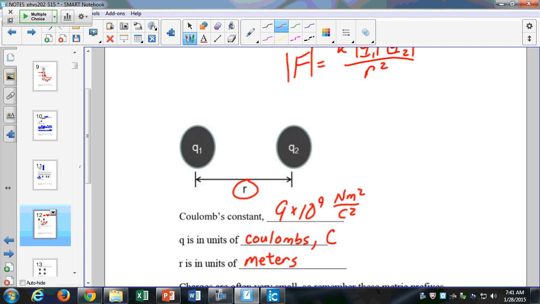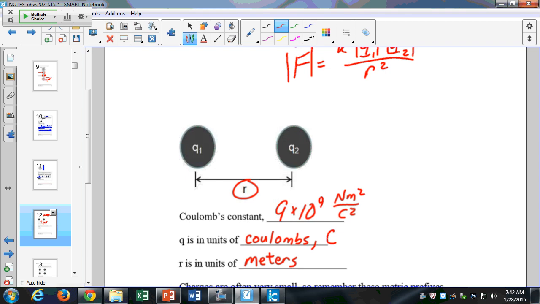So remember your metric prefixes, okay? Charges are often really small, so we need to remember especially those small prefixes. Micro is 10 to the -6, right? Nano is 10 to the -9. And then also we'll need to remember centi, because sometimes we'll express the distances in centimeters.